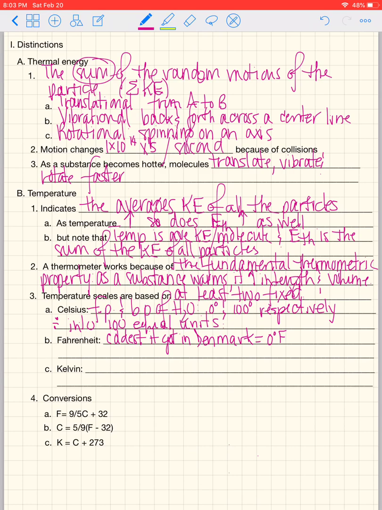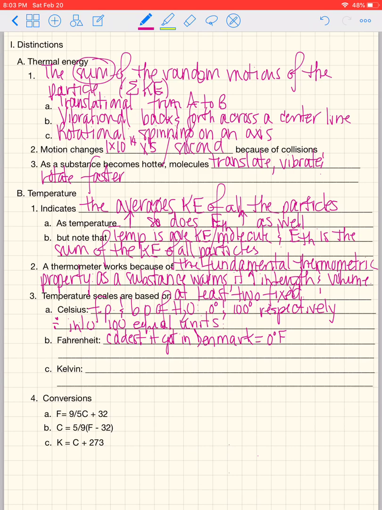But then, okay, so 0 degrees seems like the obvious one, and 100 degrees seems also like the obvious one. What would you say is super close to 100 degrees Fahrenheit? I would think you're probably thinking body temperature. What's weird is we say body temperature is 98.6.